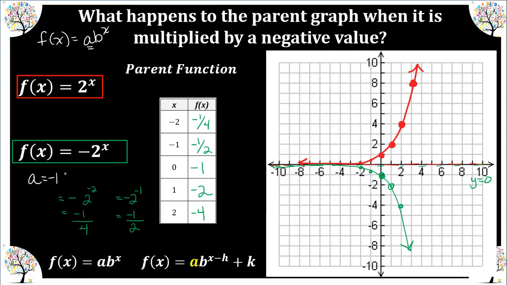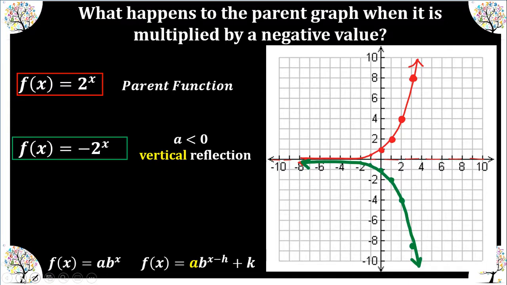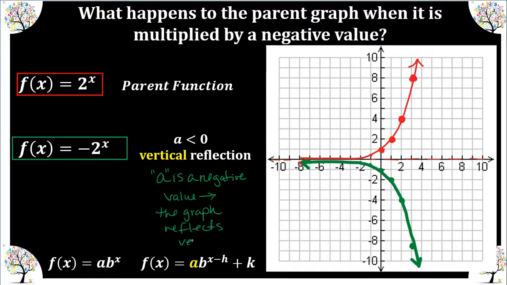So when your a value is negative, your graph reflects vertically. So when a is less than 0, meaning a is a negative value, the graph reflects vertically.